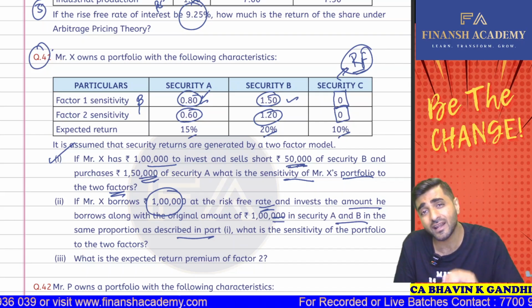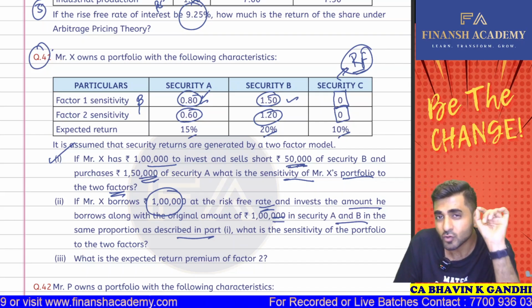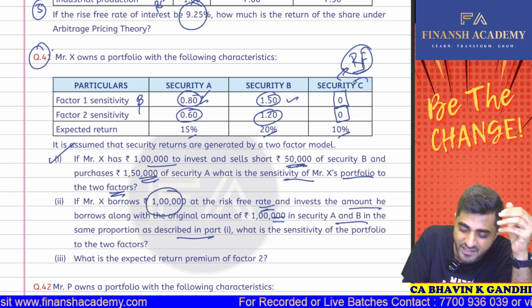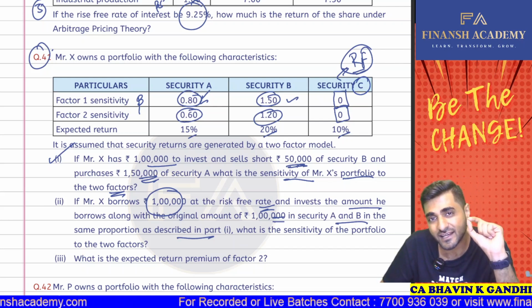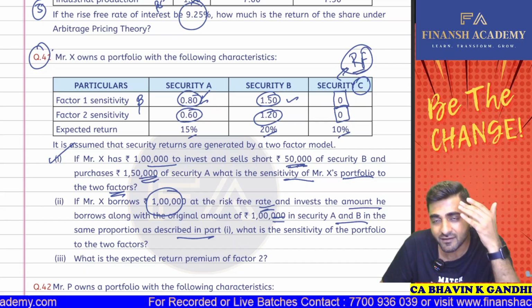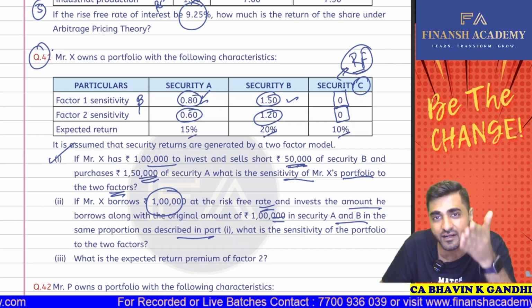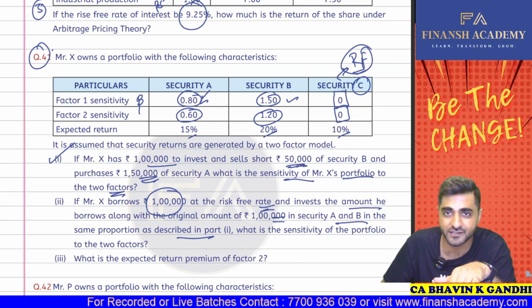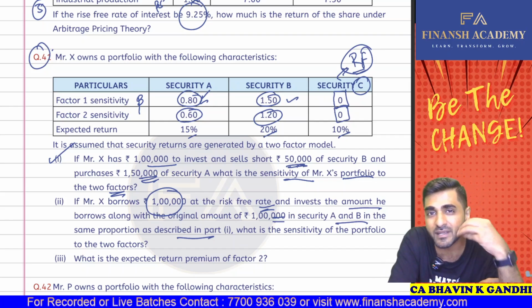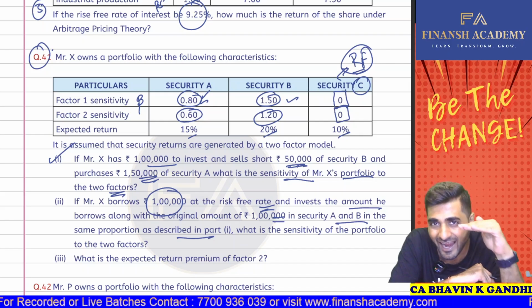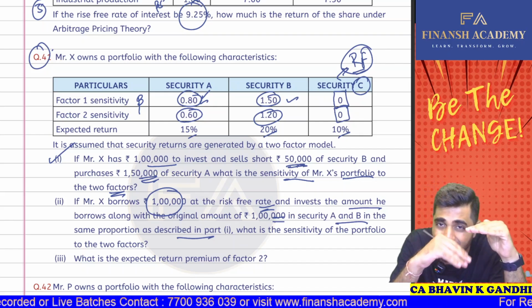Now, borrowing rupees 1 lakh is very similar to, can I say, short selling security C? Why am I telling you this? Because if you are short selling security C, then definitely the expected return of 10% will become your cost. Whenever you short sell a security, it means that you have sold it at a particular rate and then you have to buy it back at a lower rate.